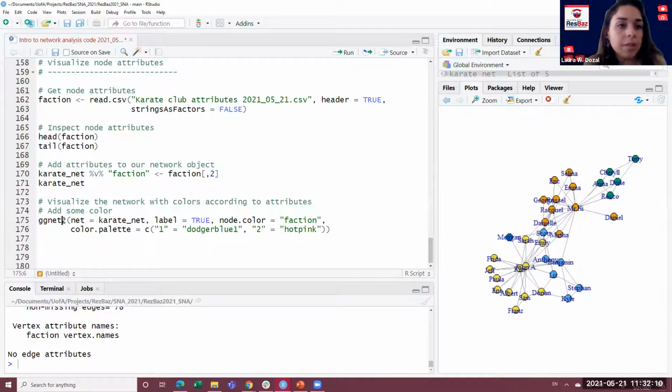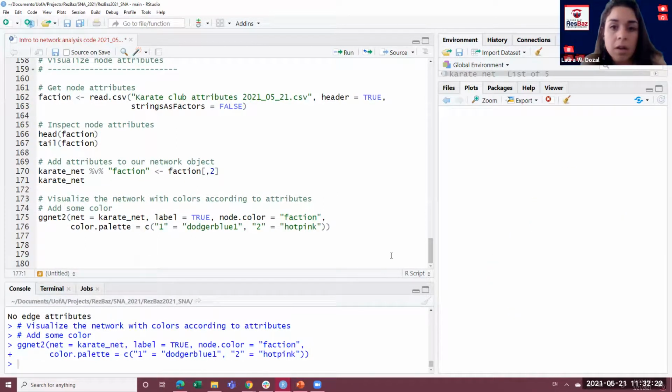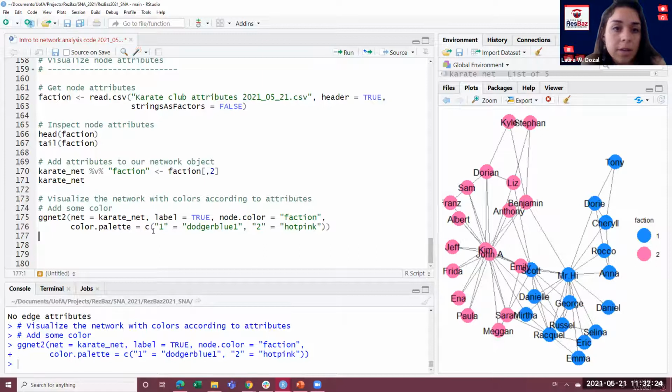Cool, and so let's visualize this new network with 2 different factions with 2 different colors. So faction 1 is Dodger Blue and faction 2 is Hot Pink. But we want to keep the labels and we're making the node colors the faction. Okay, let's open this up.